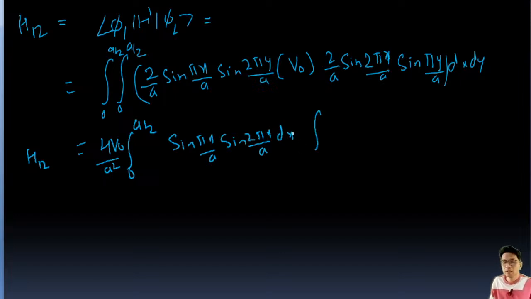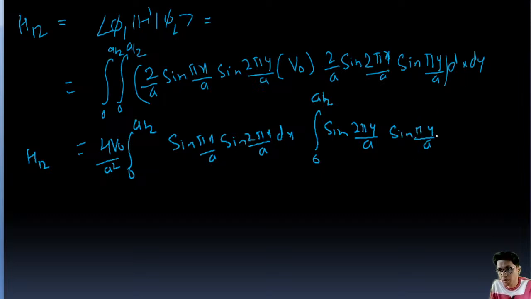So we'll take functions of x on one side and functions of y on the other side. So this is going to be sine 2 pi y upon a, 0 to a by 2, and sine pi y upon a dy. Okay.